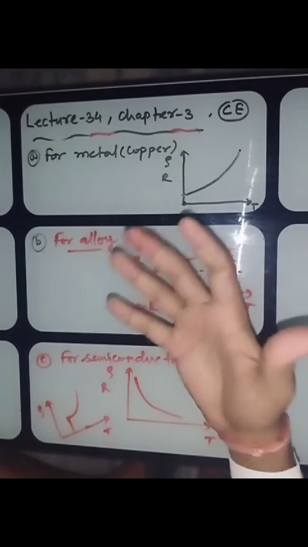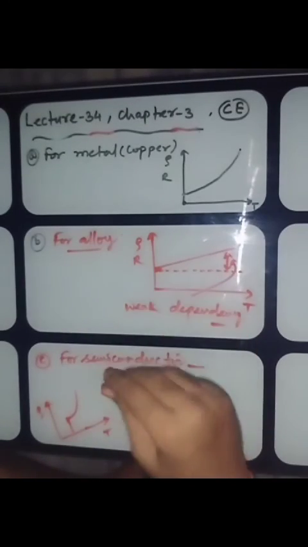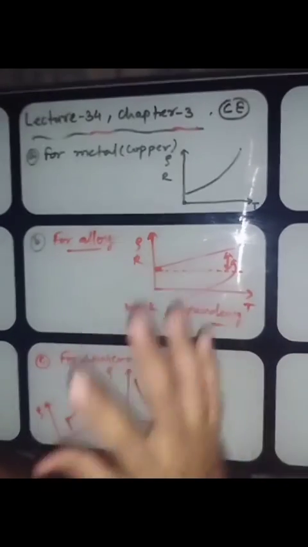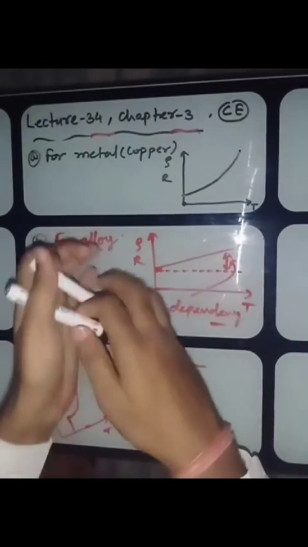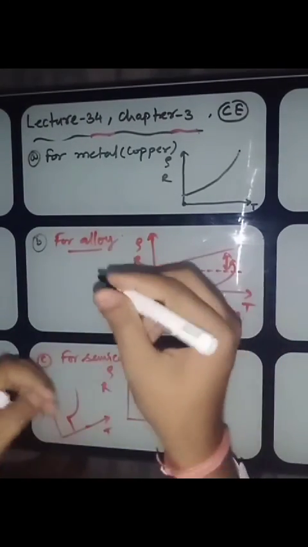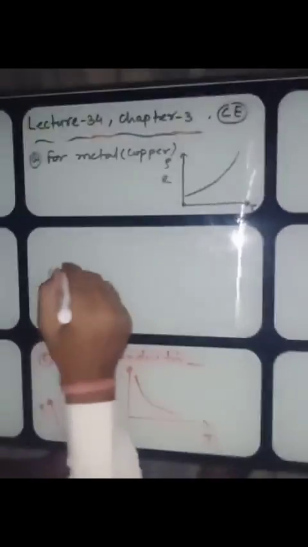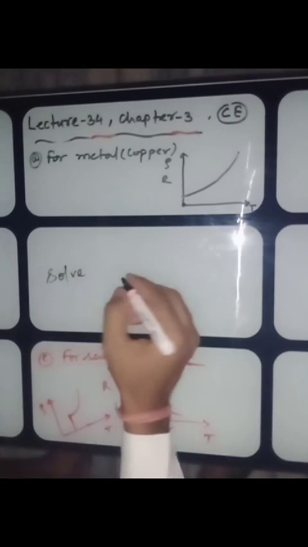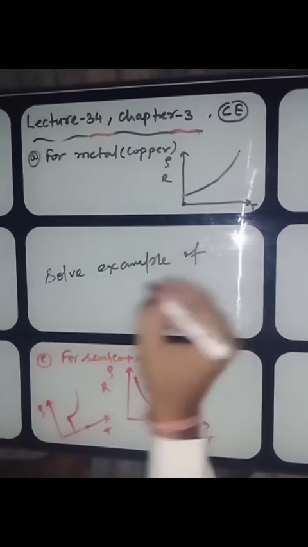So this is the dependency of temperature, that is, the resistivity and resistance, how they depend upon the temperature, that we were discussing. Now you can solve a few questions, student. Okay, I'm giving you some, and the homework will be, my dear student, to solve examples of NCERT. I'm writing over here, solve examples of NCERT.